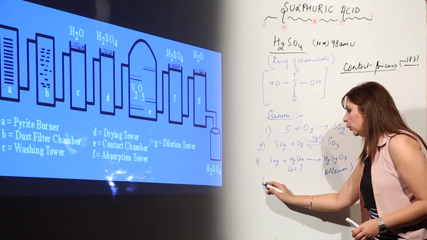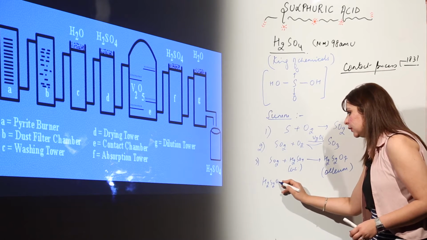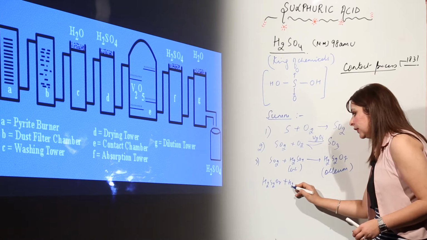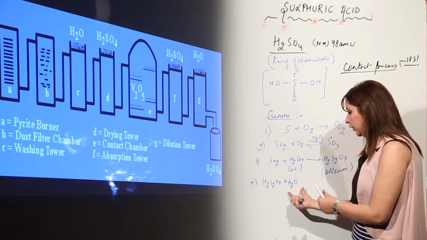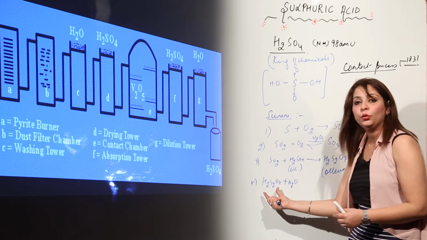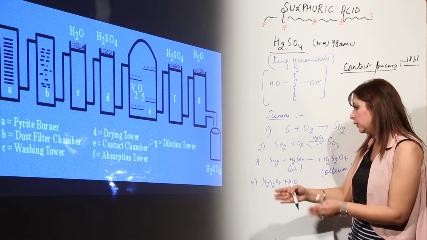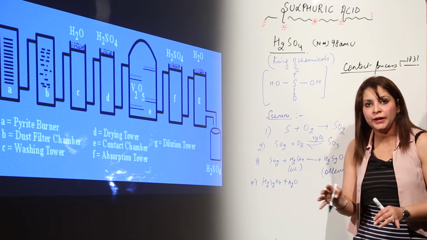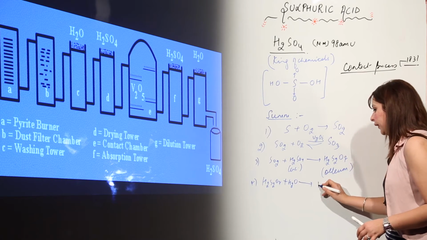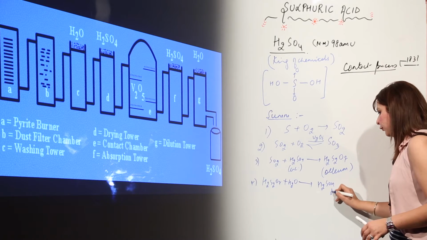Then this oleum is diluted with water, and the water should be equal in amount to the oleum. Suppose you have an amount X of oleum, then X amount of water has to be added to dilute it, and we get dilute sulfuric acid.